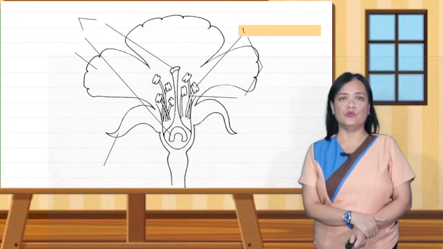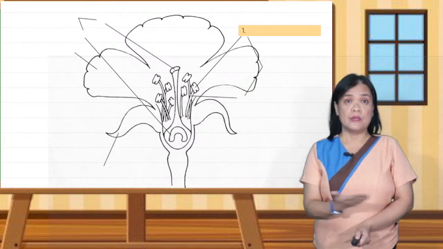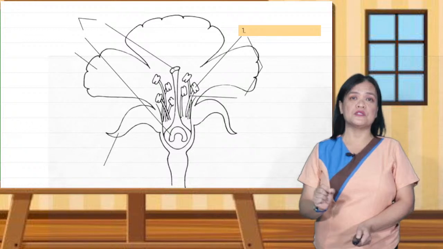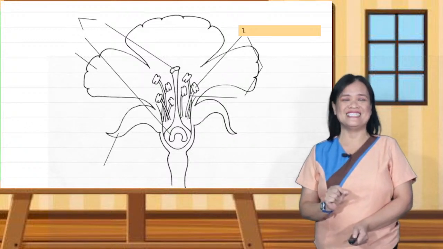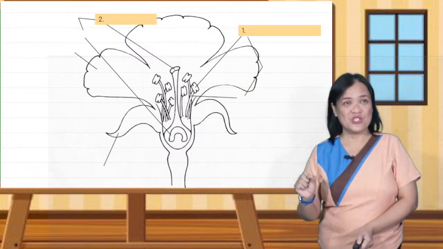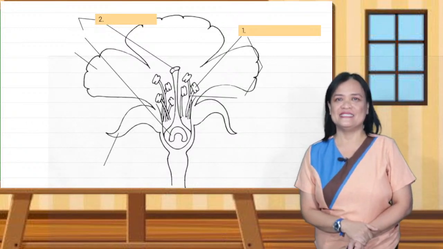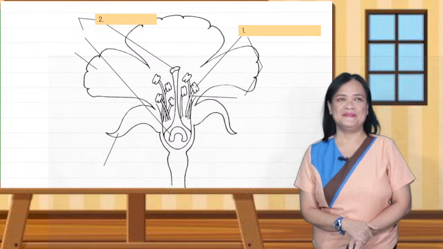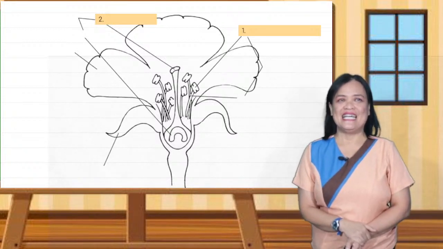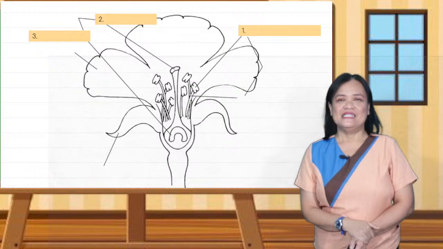Okay, that is number 1. So, sabayan nyo na lang ako. If you know the answer na, you write it down, kids. And 2, your answer there. Sige. Yes. Number 3.